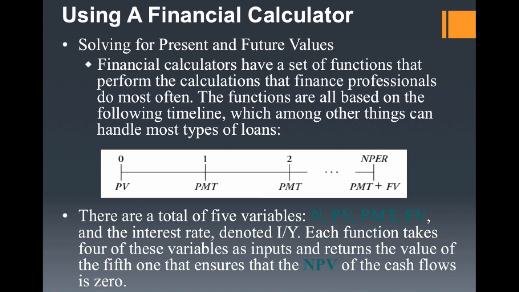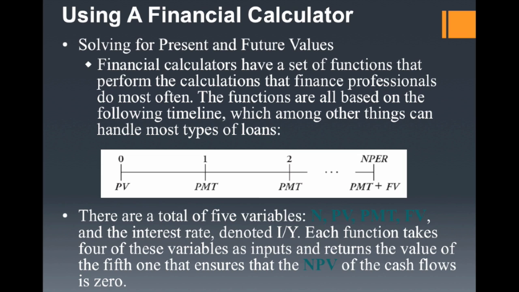The tick mark with the 2 above it is the end of period 2, the beginning of period 3. All the way to the number of periods, whatever is under question, 10, 20, 30, whatever. And then the payment below that, if a payment is received at the end of that time period, plus any future value amounts that may accrue.